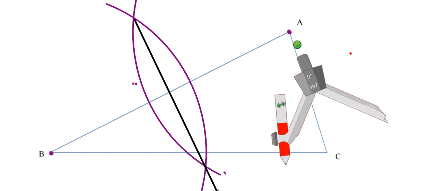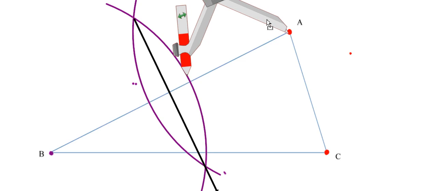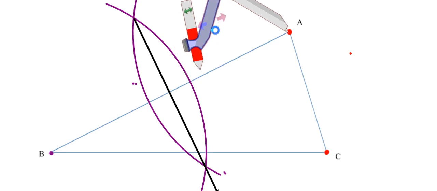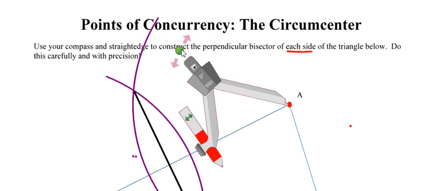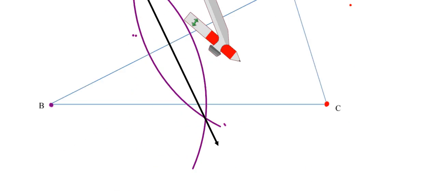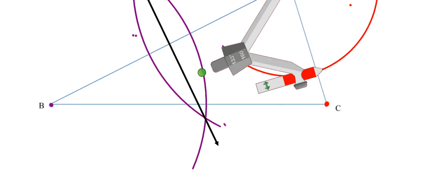And now I'm going to do the same thing for segment AC. I'm going to start with the point of my compass on one of the endpoints of that segment. Remember, you can use any convenient compass setting as long as it's greater than 1/2 the length of the segment that you're trying to bisect. I don't know why my red pen was drawing in purple there for a minute.